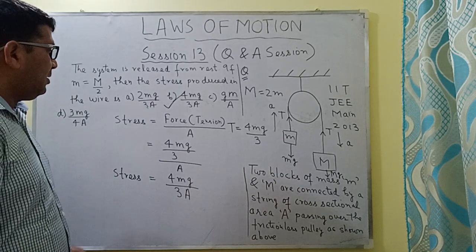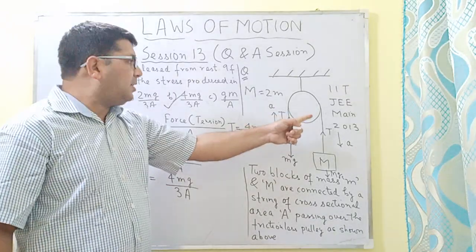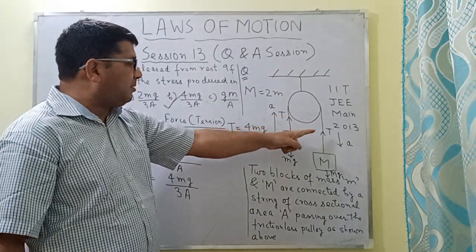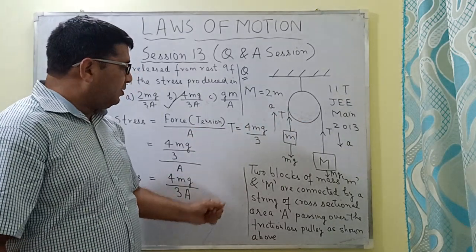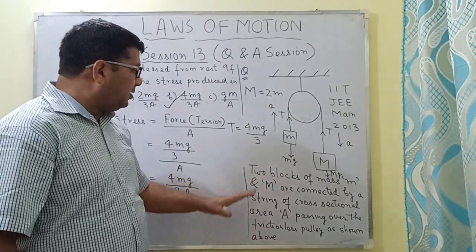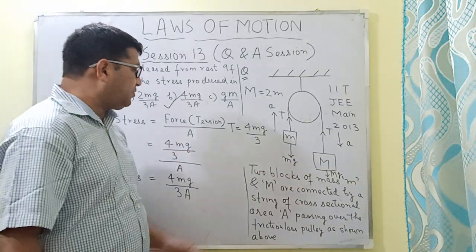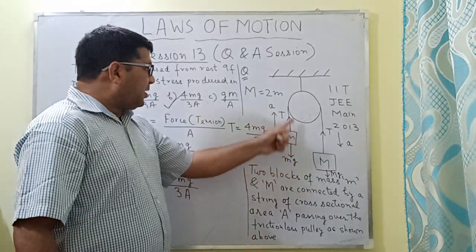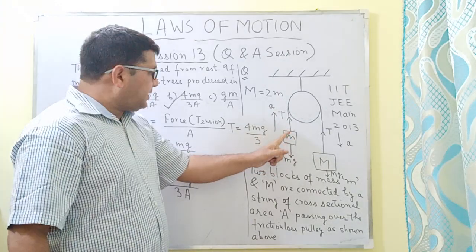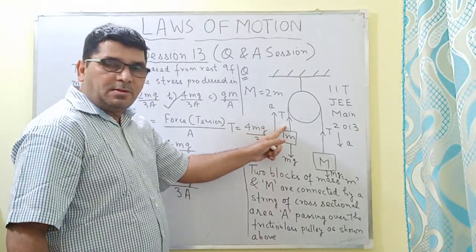So this question was asked in the IIT-JEE Mains examination in 2013. Now here the question was very easy. The first important point which you have to remember is that the tension always acts away from the body.